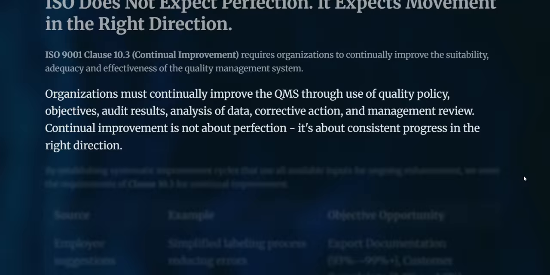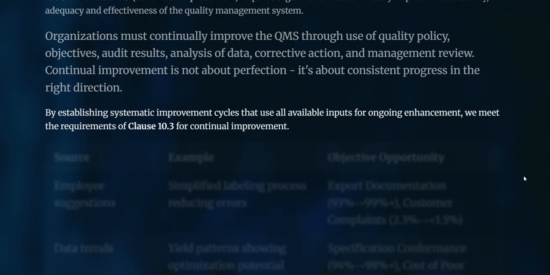Continual improvement is not about perfection. It is about consistent progress in the right direction. By establishing a systematic improvement cycle that uses all available inputs for ongoing enhancement, we meet the requirements of Clause 10.3 for continual improvement.